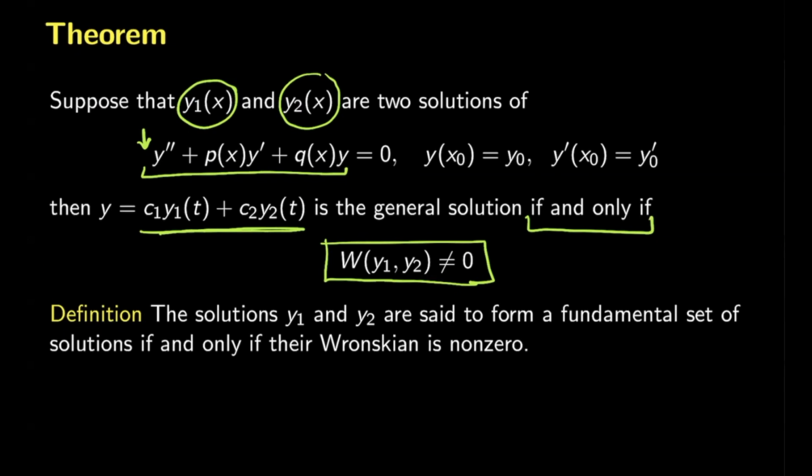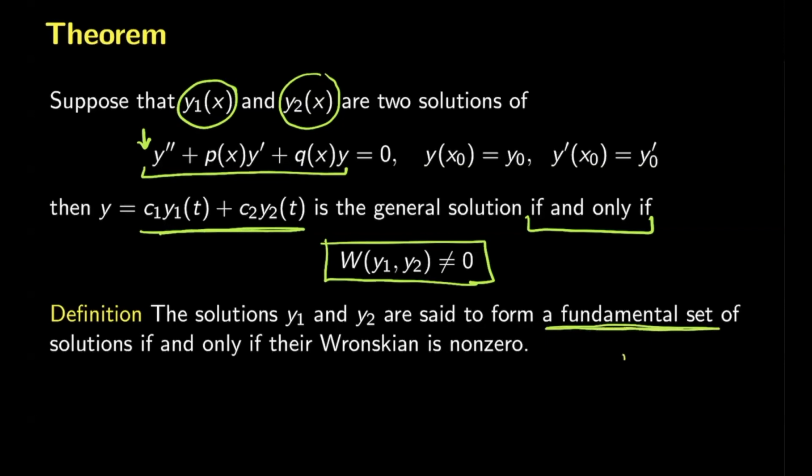And if there is a general solution, the two particular solutions will have a non-zero Wronskian. Then there is a definition. If the Wronskian of two particular solutions is non-zero, then we call these two particular solutions a fundamental set.